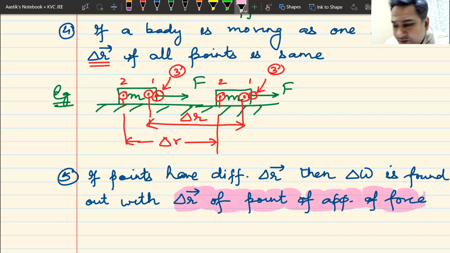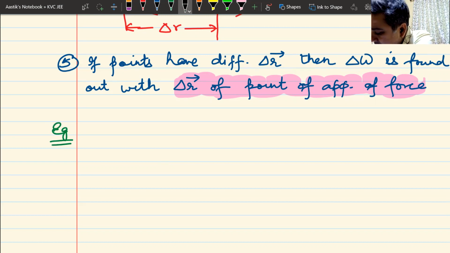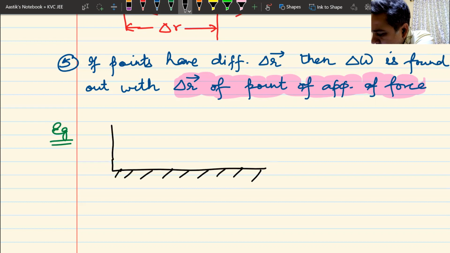It might sound confusing: sir, where will such a case arise? How will you make a case where you have different displacements for different points, and we are not talking about rotation at all? The case is very simple, and I'm going to make this case here, and we will be discussing this case in the next class also.